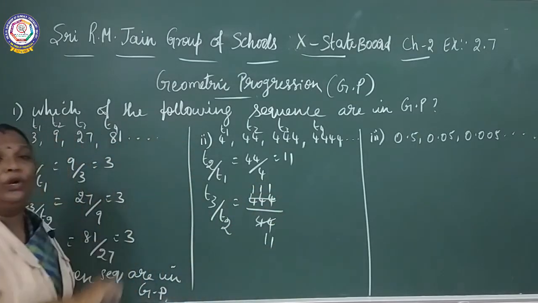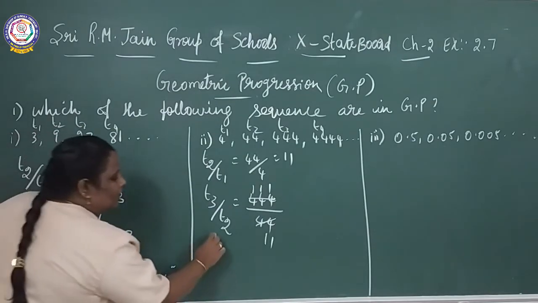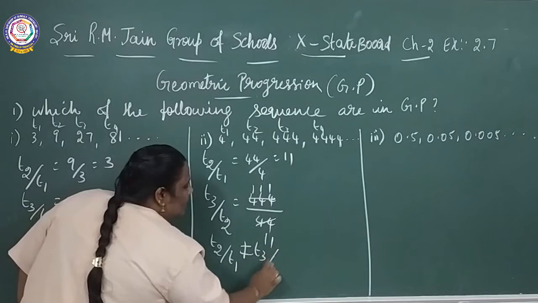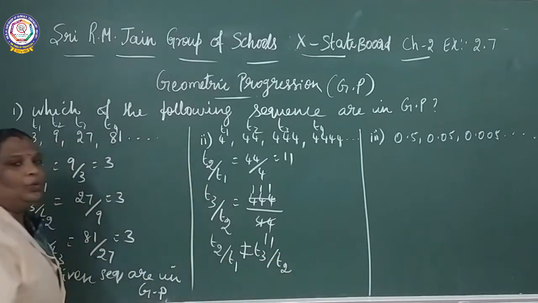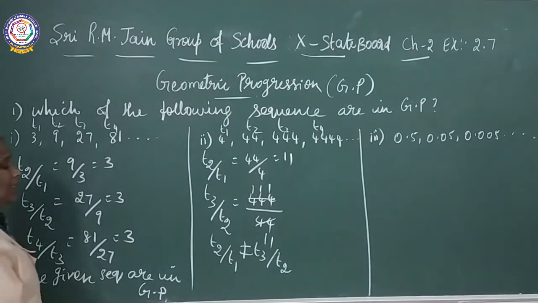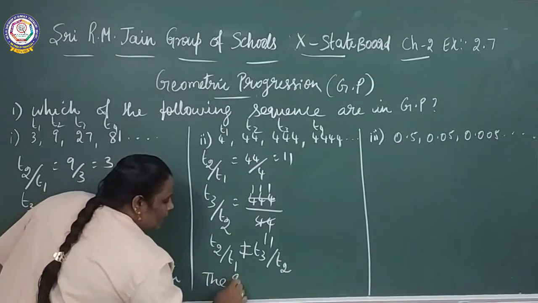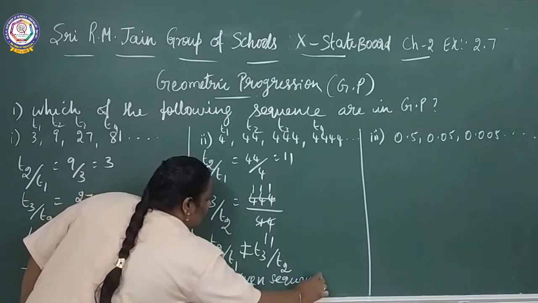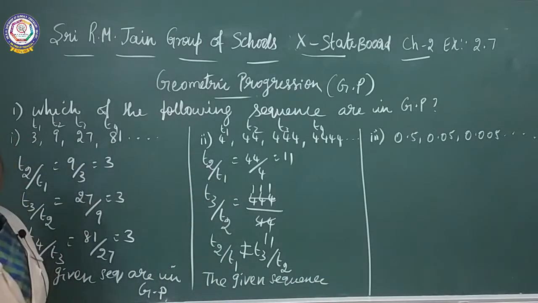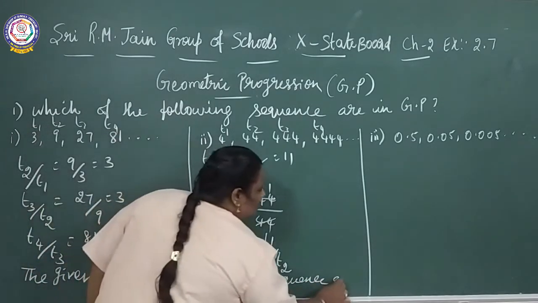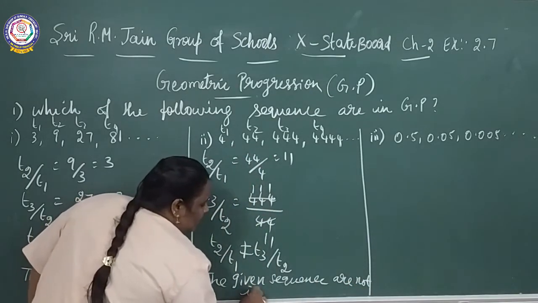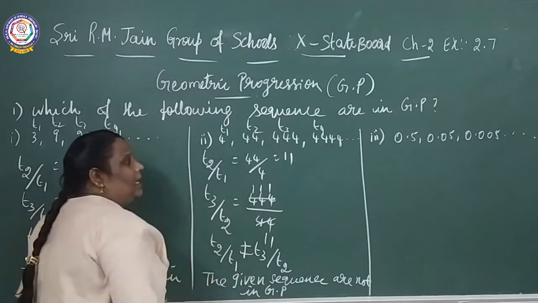The values are not equal. See, T2 by T1 is not equal to T3 by T2. So the given sequence is not in GP.